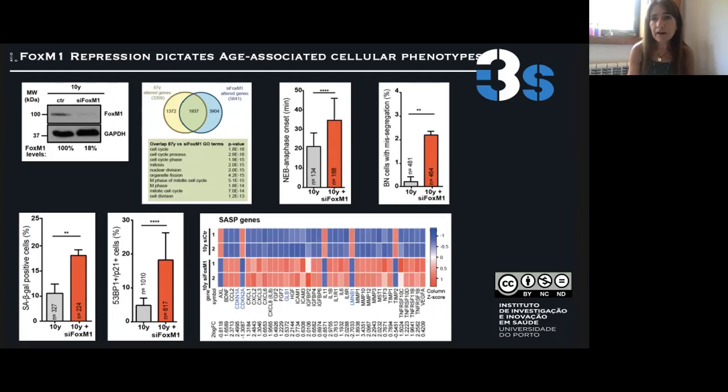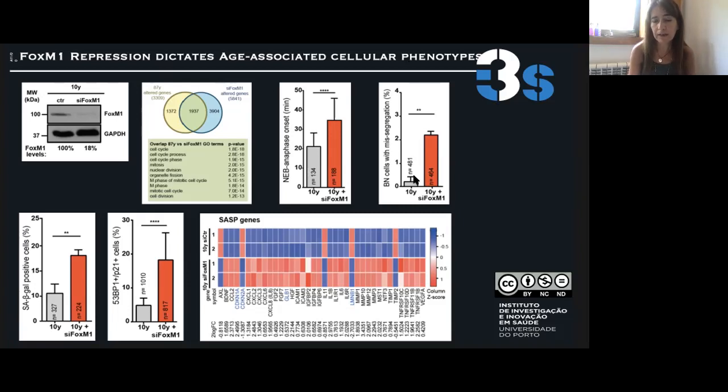Moreover, we found that 50% of the genes that were altered in old age fibroblasts were also altered in the FOXM1 depleted cells.